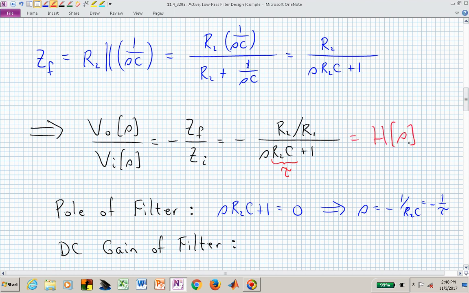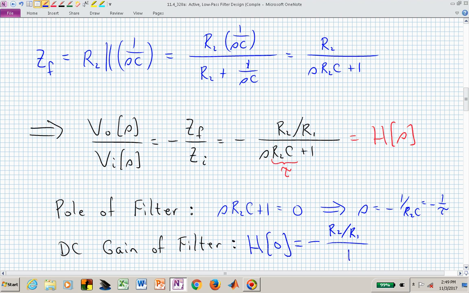And here is our transfer function, H of s. What's the DC gain? Well, the DC gain is just the transfer function evaluated at DC, and DC is when s is equal to 0. If we replace s with 0 in H of s, we end up with minus R sub 2 over R sub 1, because the R sub 2 C term goes away.